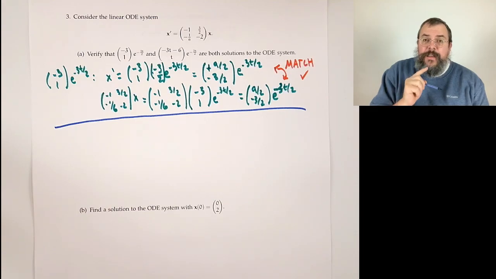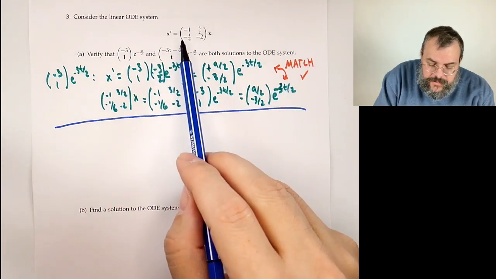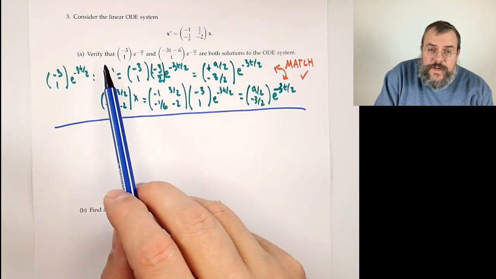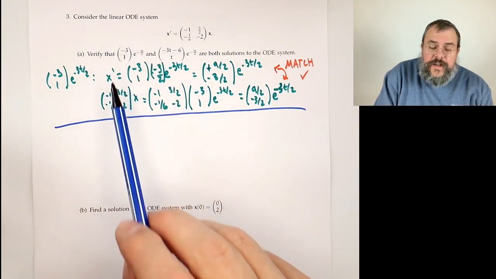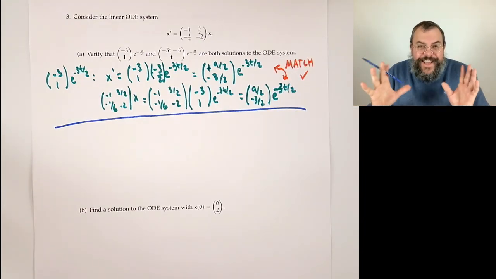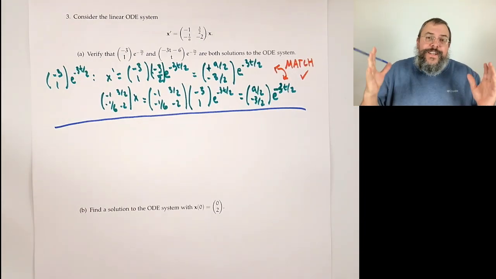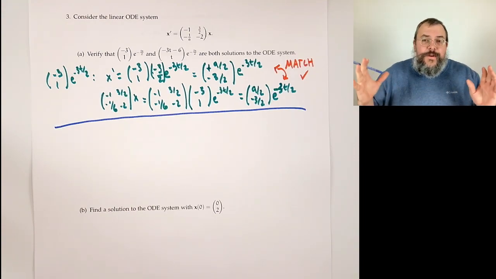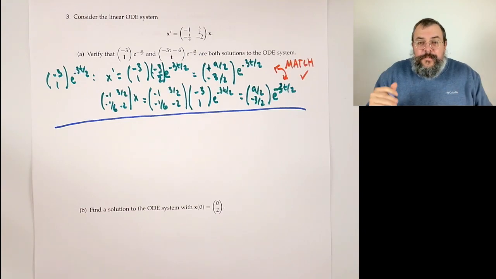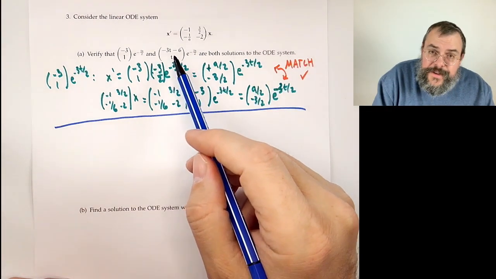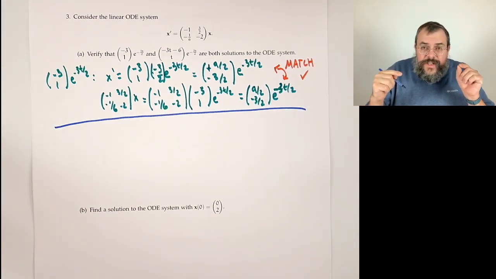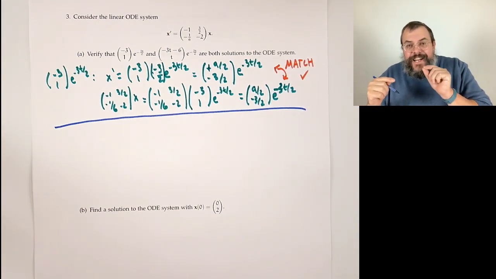And I'm going to recommend we do something, because notice how the vector also depends on t. Previously, the vector didn't. We could treat it like a number, like a constant, and we know what we're used to. But now that varies. So what I'm going to recommend is we move that e to the minus 3t over 2 inside.